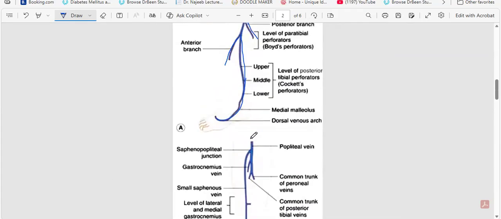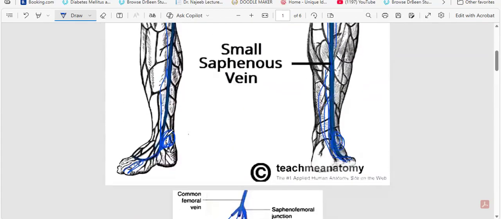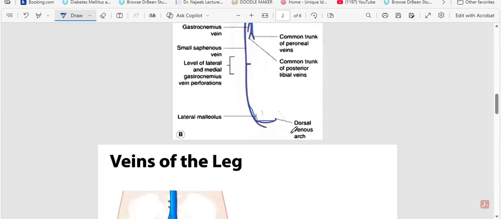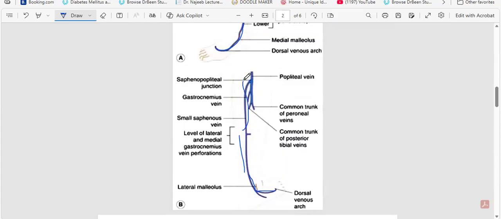This is front, and it goes behind the malleolus bone, back to the calf region, and down into the popliteal vein. You can see the common branches, gastrocnemius vein, common trunk. So these are the other branches of the popliteal vein.